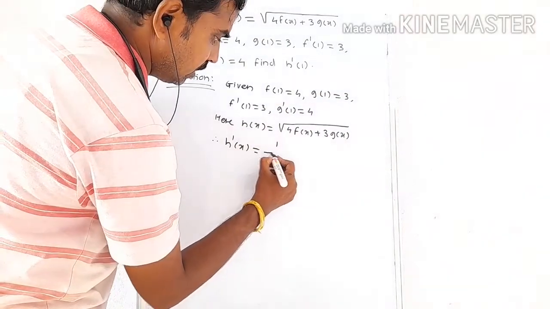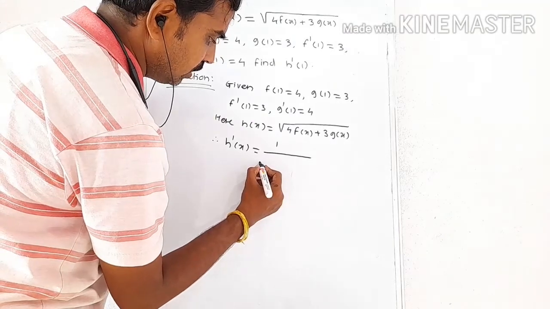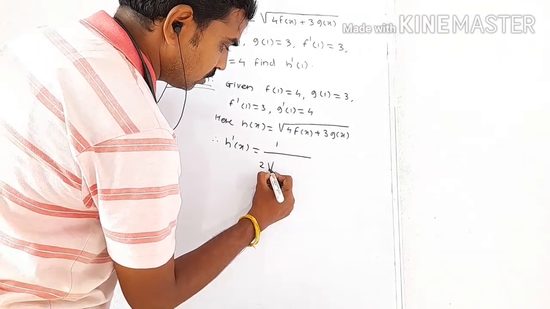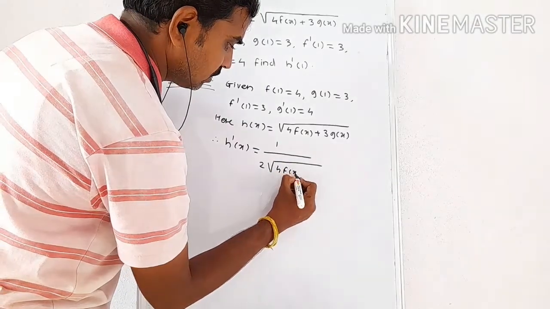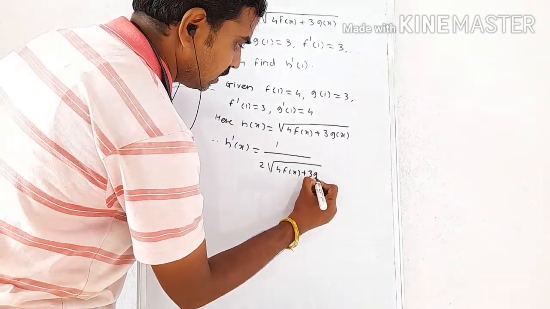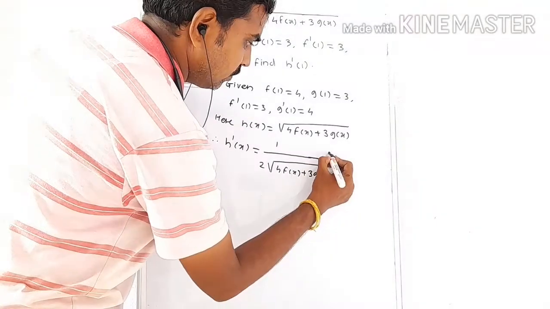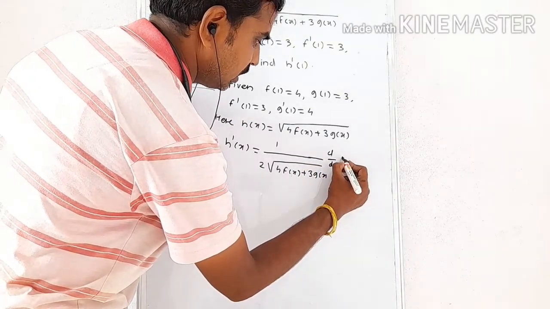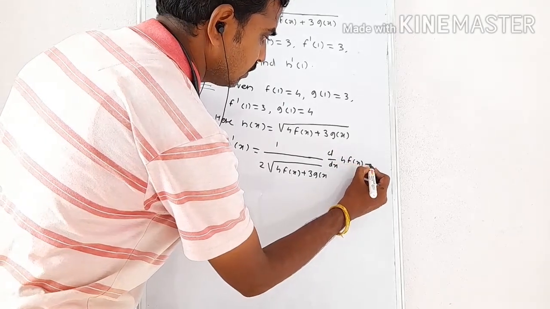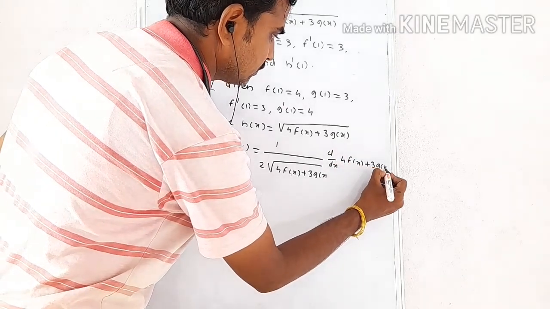Using this formula, our expression becomes 1 divided by 2 root, with the expression in the root sign as it is, 4f of x plus 3g of x. Again, we have to find the derivative of the expression in the root sign, 4f of x plus 3g of x.